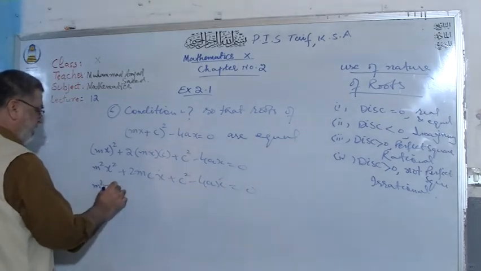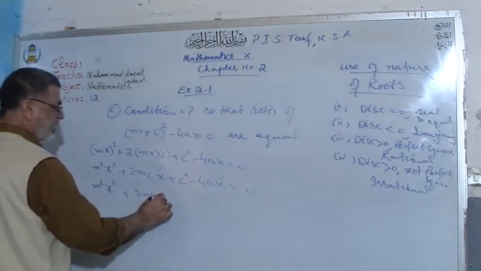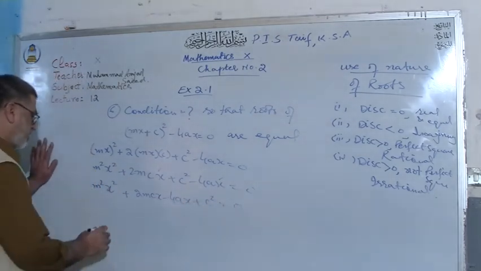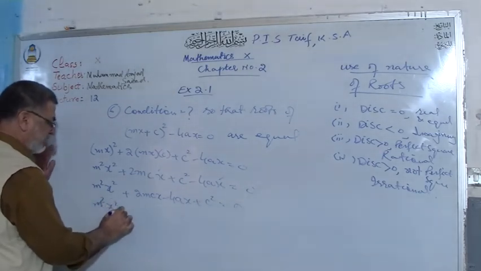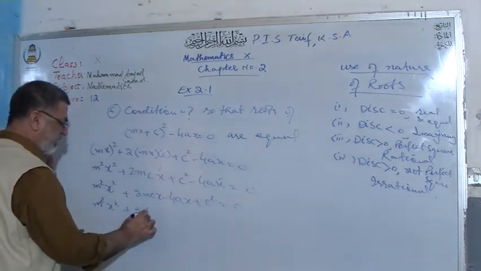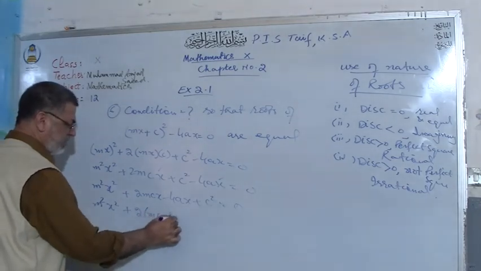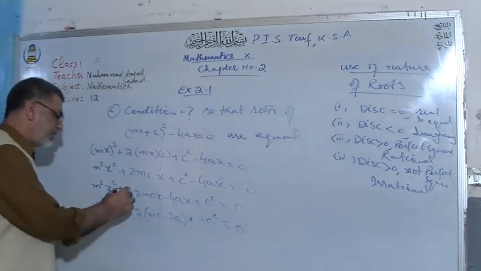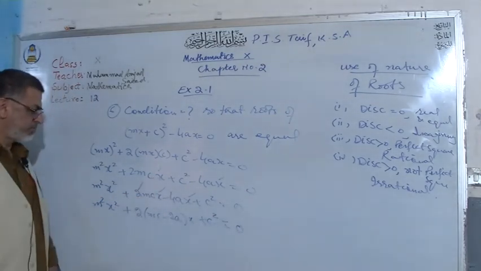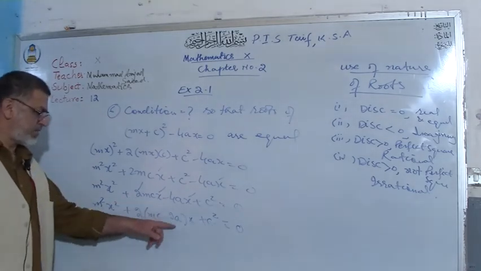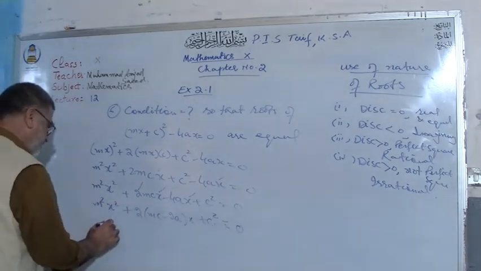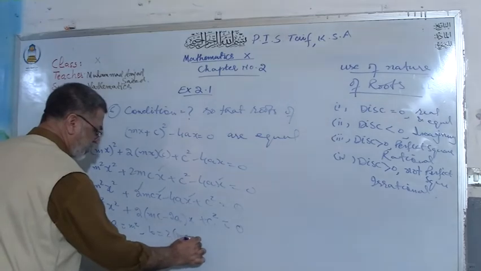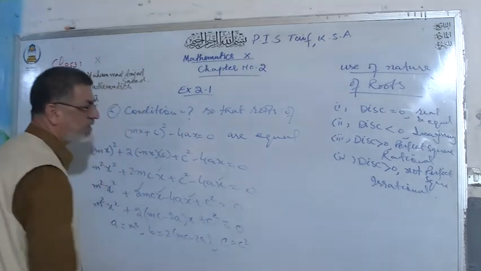So m square x square plus 2mcx minus 4ax plus c square is equal to 0. m square x square plus 2 into (mc minus 2a) into x plus c square is equal to 0. I have taken 2x common. Here you have a is equal to m square, b is equal to 2 into (mc minus 2a), and c is equal to c square.